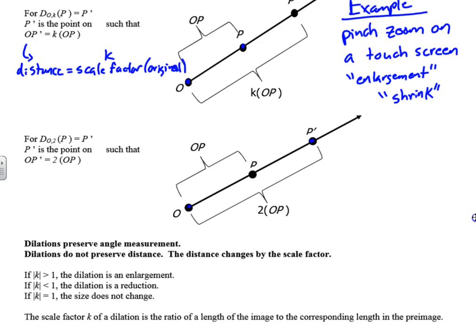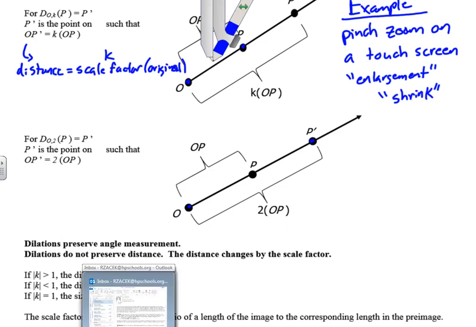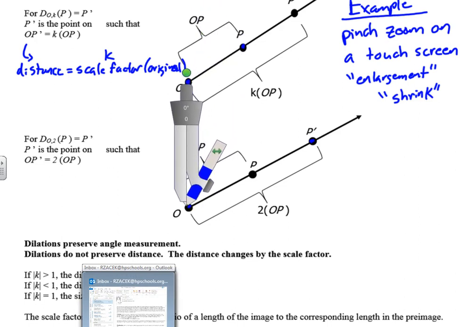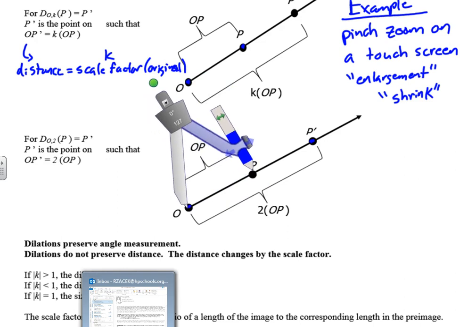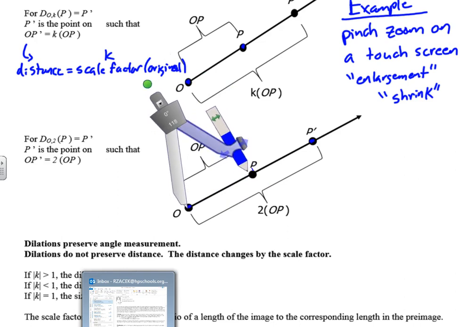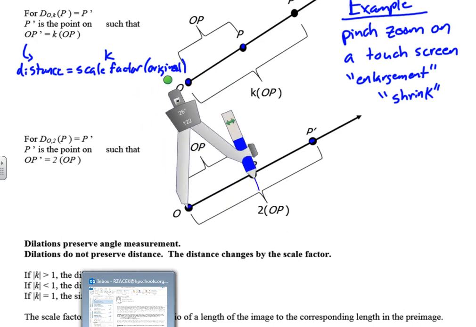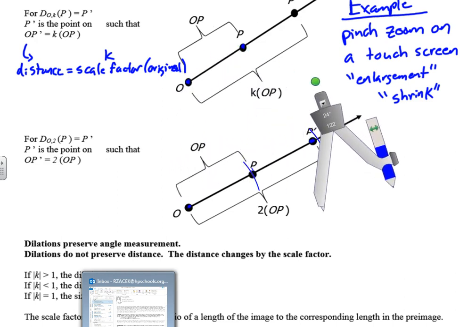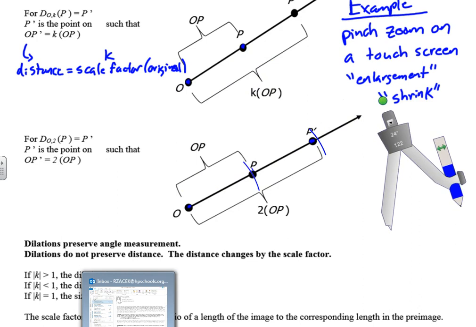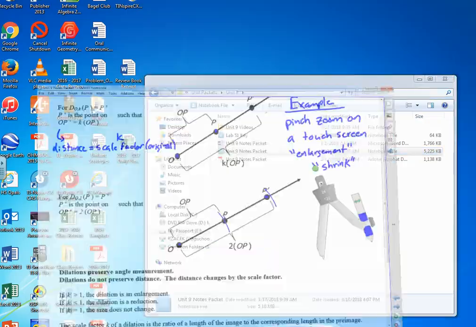One of the ways that we'll be asked to do this is, if you have a compass and you want to do a dilation with a scale factor of 2, you take your compass and just move it up, and now you have doubled the length. Because those points are so large, that is a little bit off in what we have going on there.